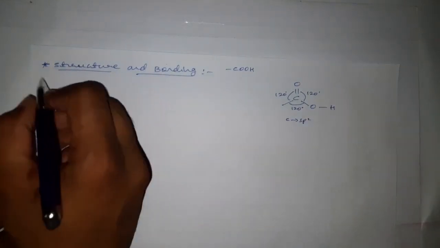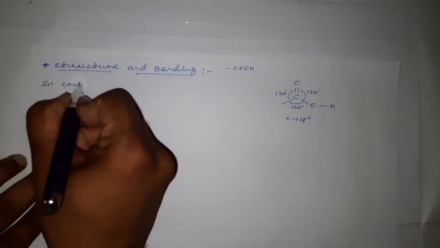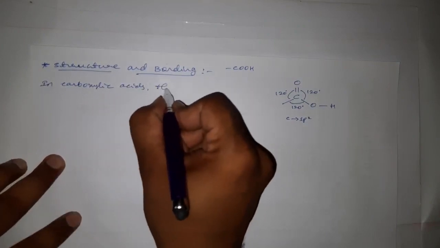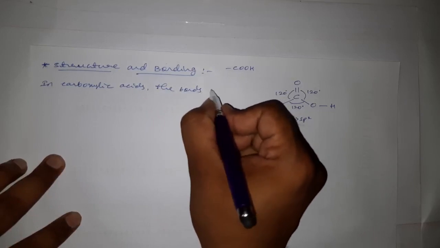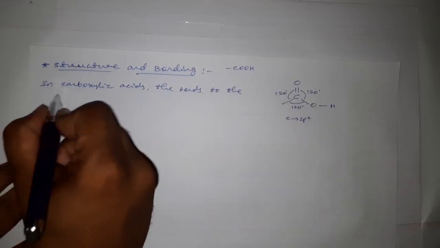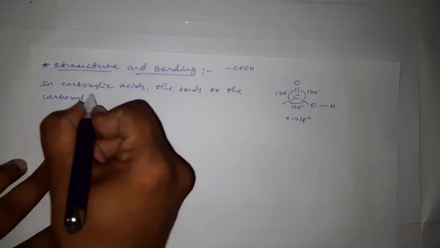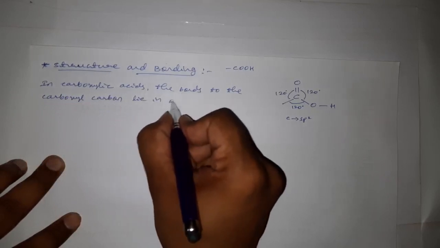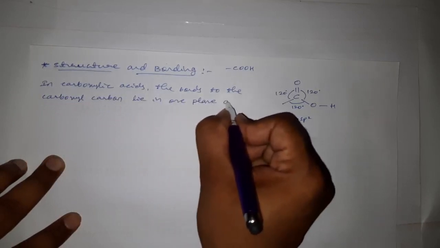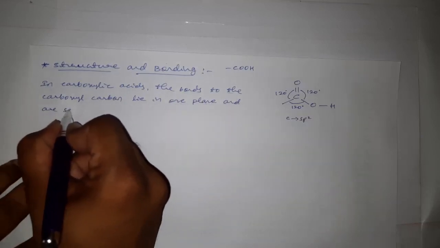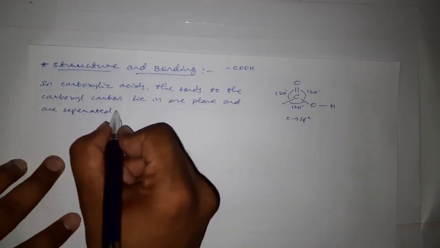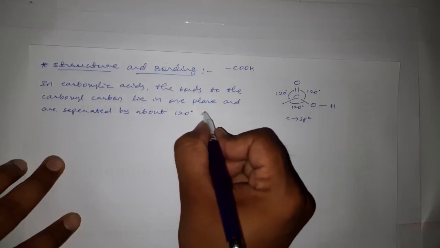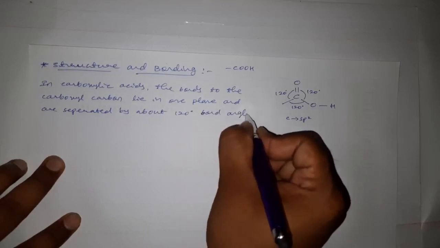Therefore we can write: in carboxylic acids, the bonds to the carboxyl carbon lie in one plane and are separated by about 120 degree bond angle.